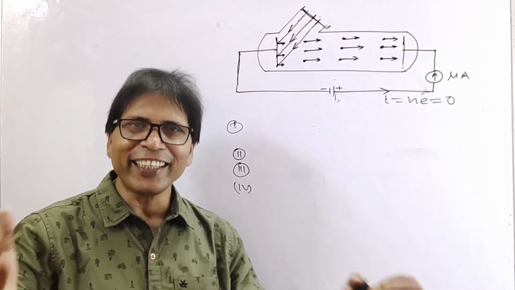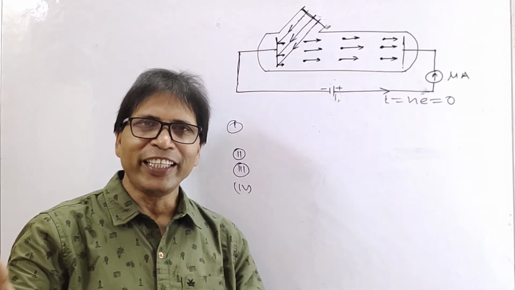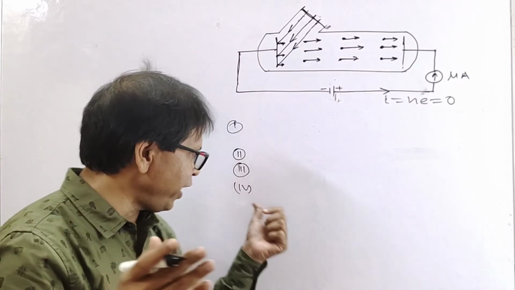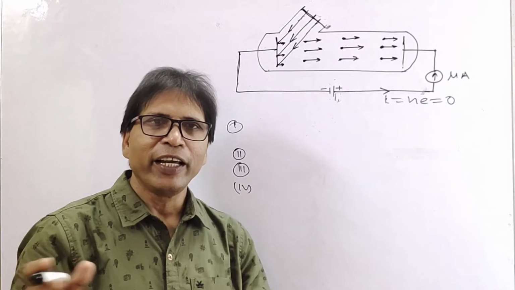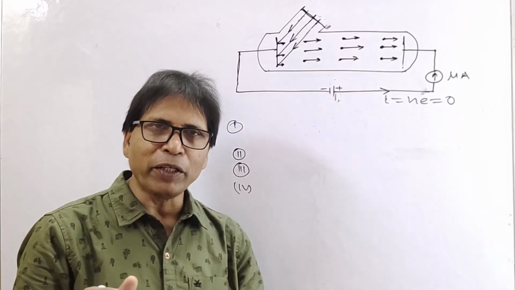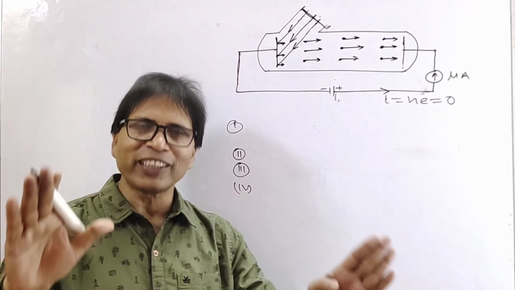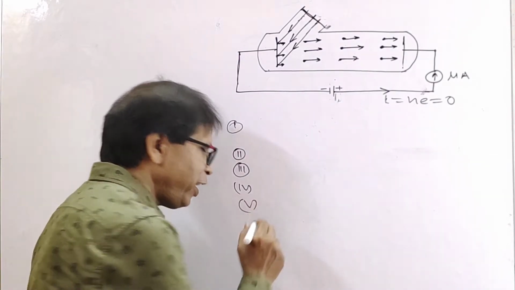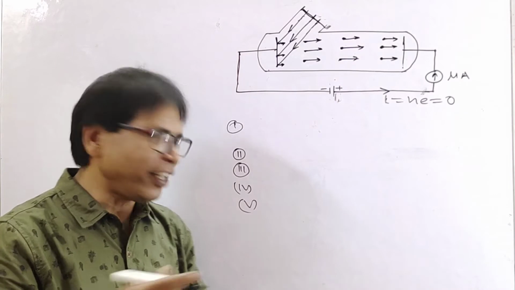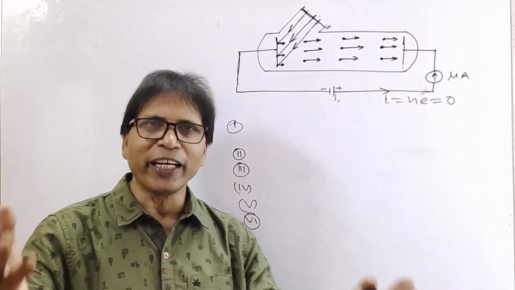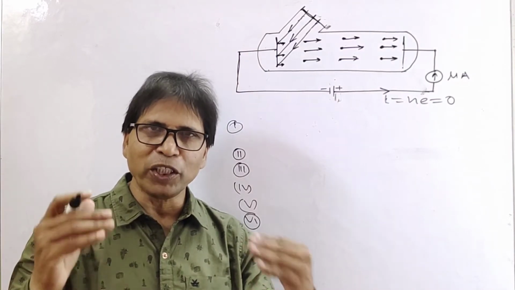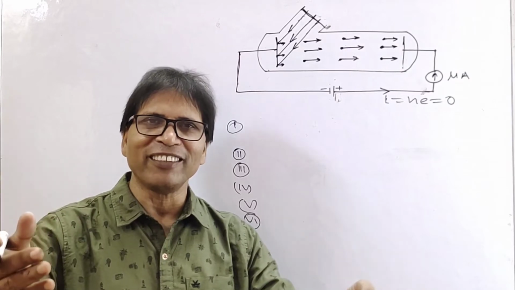It is an instantaneous process. The time lag between incidence of radiation and emission of electron is almost zero. Number 5, it is independent of temperature, and the velocity of emitted electrons ranges from 0 to a maximum value.